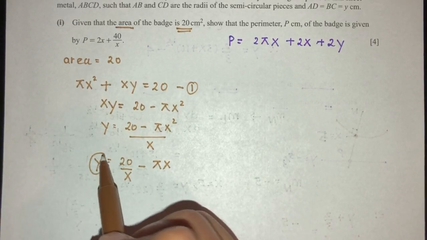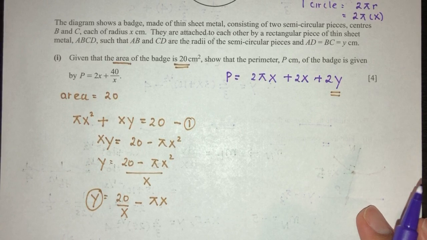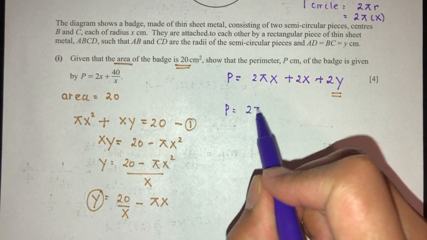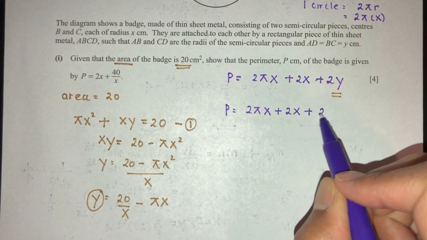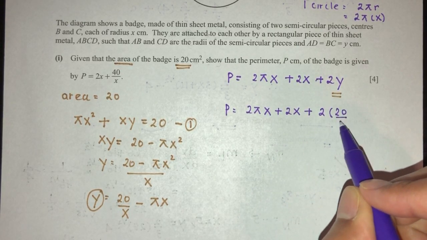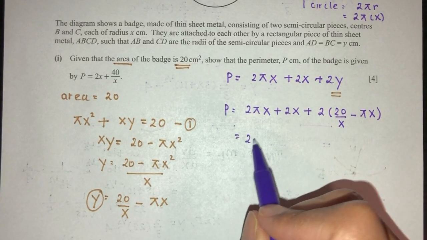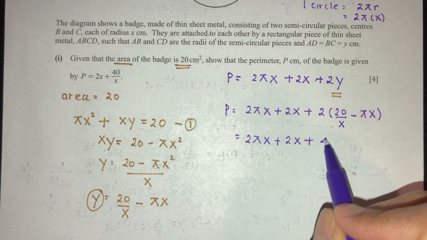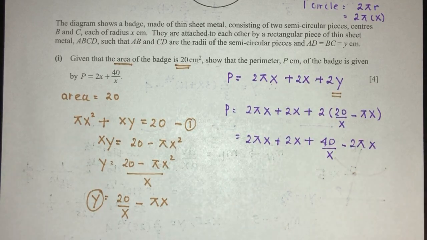Now replace this y in this equation. From that you will have P equal to 2 pi x plus 2x plus 2 times y, which is 20 over x minus pi x. Simplify: 2 pi x plus 2x plus 40 over x minus 2 pi x.